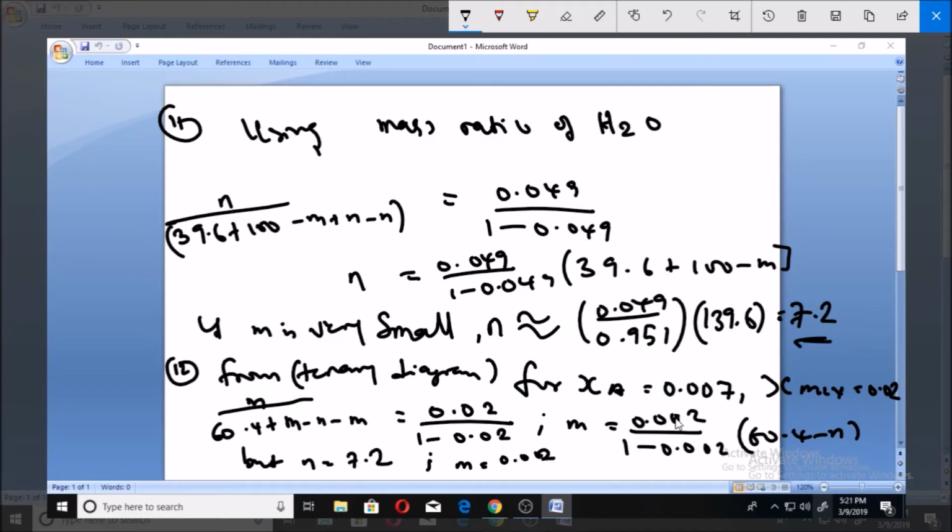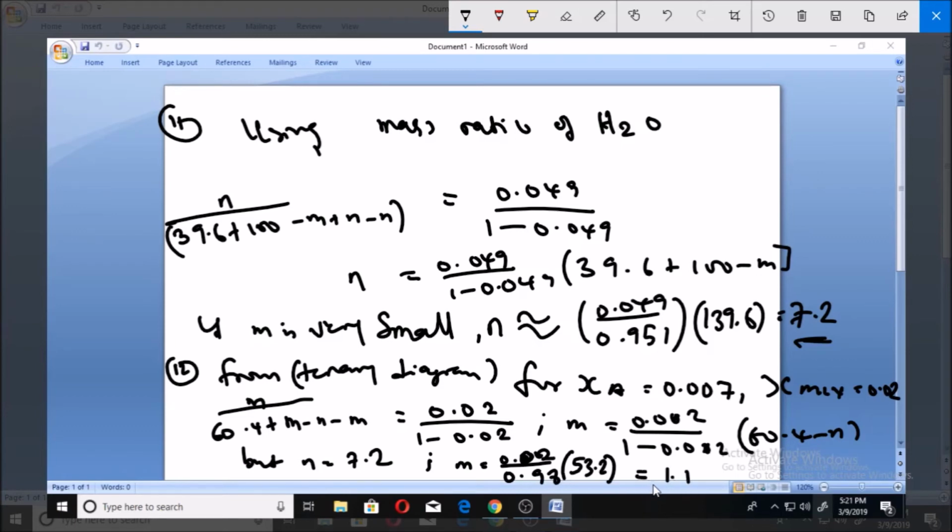so that M now is equal to 0.02. There's no double zero, just 1 zero here. 0.02 all over 0.98 times 53.2, which will give us 1.1.